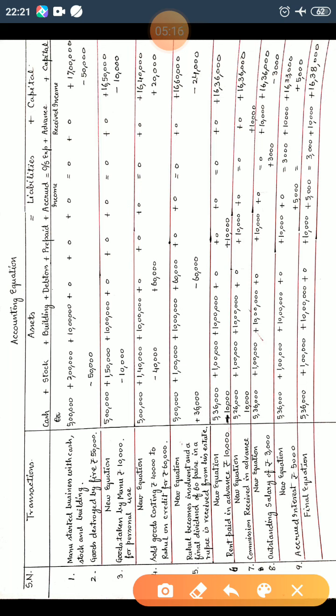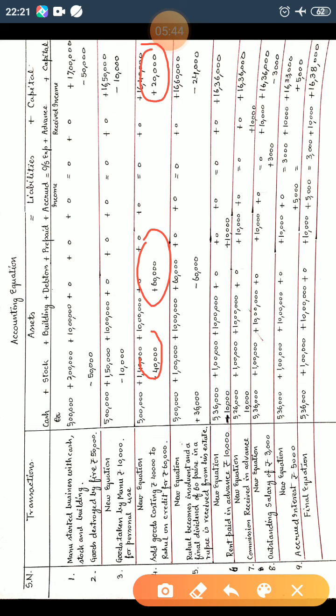So stock is involved, debtor is involved, and there is a difference between cost and selling price of rupees 20,000. So this 20,000 is a profit for the business. So stock will be reduced by 40,000, debtor will be increased by 60,000, and the profit of 20,000 will be added to the capital.